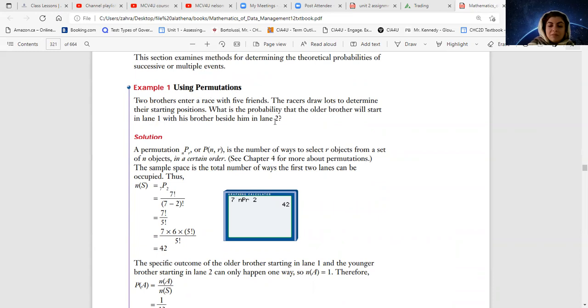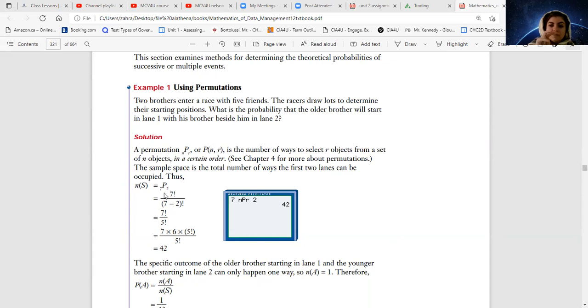Since the order matters, how many ways can I put them there? It's choosing 2 people out of the 7 people, a permutation. So it will give you 42, right? 42 ways I can put the people in these 2 lanes.